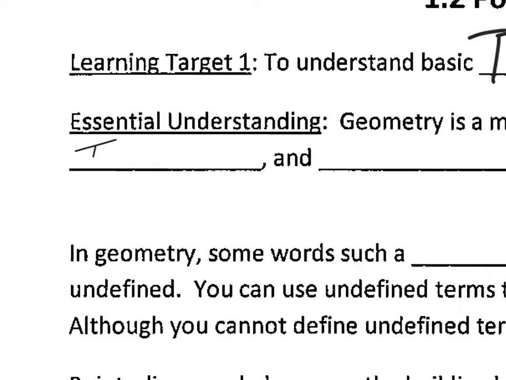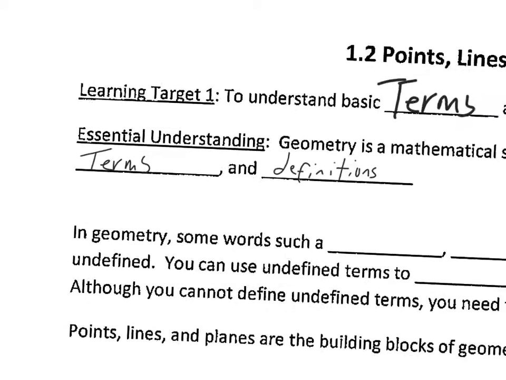So built on facts, basic terms, and definitions. These are the three building blocks of geometry. You need to know basic facts, basic terms, and definitions. And we'll dig into that more as we progress throughout this year.